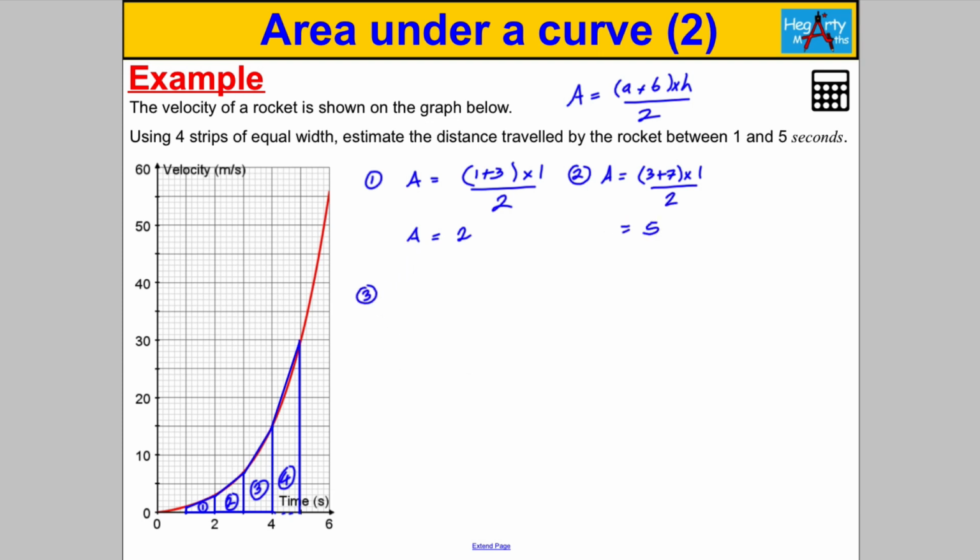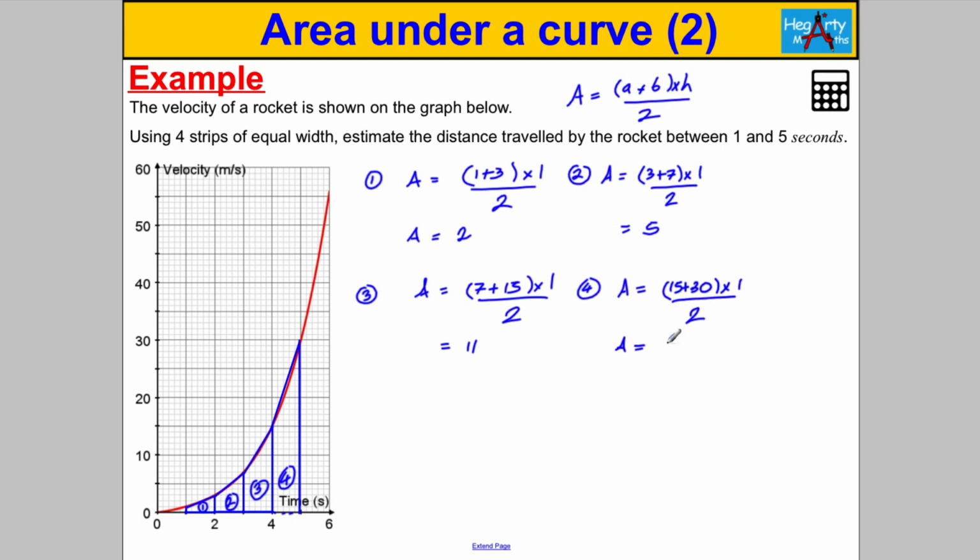What about the third one? Well, the third one here, this is 7 and this is 15 high, so this one here is going to be 7 add 15 multiplied by 1 all over 2, and that gives us 11. And the last area, area 4, well, this is 15 and this is 30, so the area here is going to be 15 add 30 multiplied by 1 all over 2.